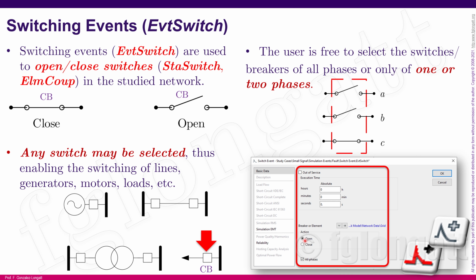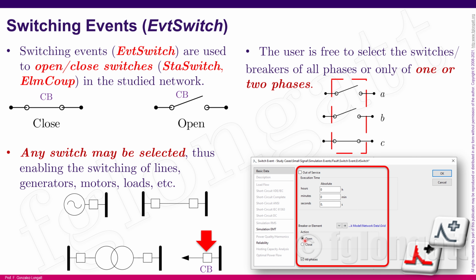Usually if we need to disconnect a power plant, for instance, we can use this switch event and open the circuit breaker. However, keep in mind that when you open a circuit breaker, it's like in real life. If you open the circuit breaker of a generator, you can have the problem of this generator speeding up. You must be careful.